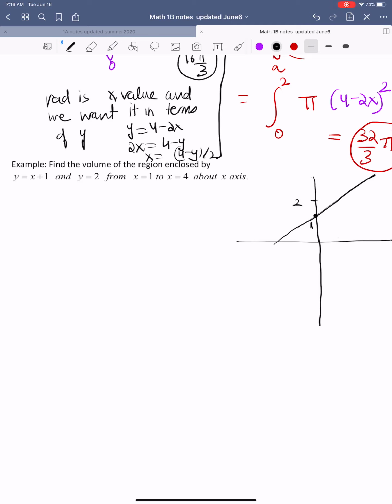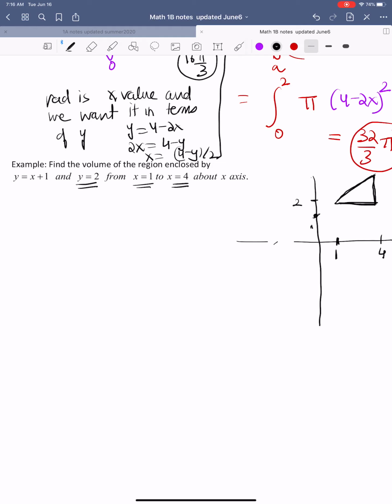Okay, from x equals 1 to x equals 4. So we actually only want this much of our shape because of all the restraints given to me. We don't want the rest of the line, so I'm gonna go ahead and erase it. We only want to rotate the shape that we did draw.